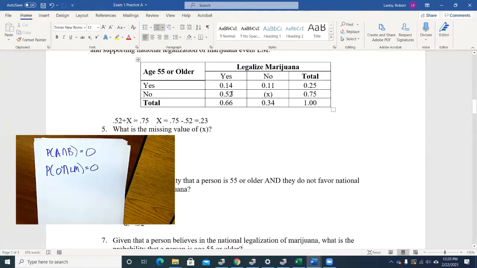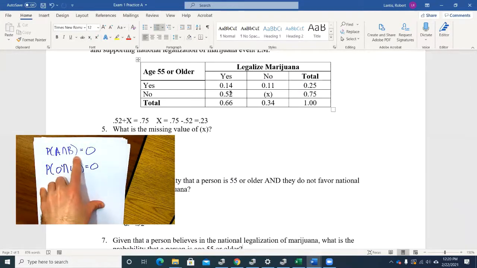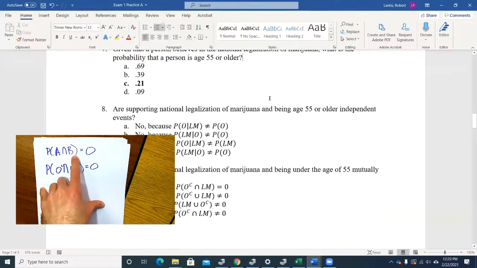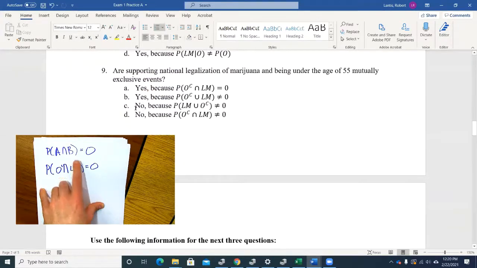The only way they're mutually exclusive is if I see an intersection of 0 up here in one of these top 4 left cells, right? More specifically, we were looking at being not older than 55, so under 55, and wanting marijuana legalized, right? So we know the intersection is 0.52, right? But simply remembering the mutually exclusive definition that it's when we see intersections that have a probability of 0, well, right away we know that, no, none of these can be mutually exclusive. We have no zeros in that contingency table, right? So right away we can rule out A and B.